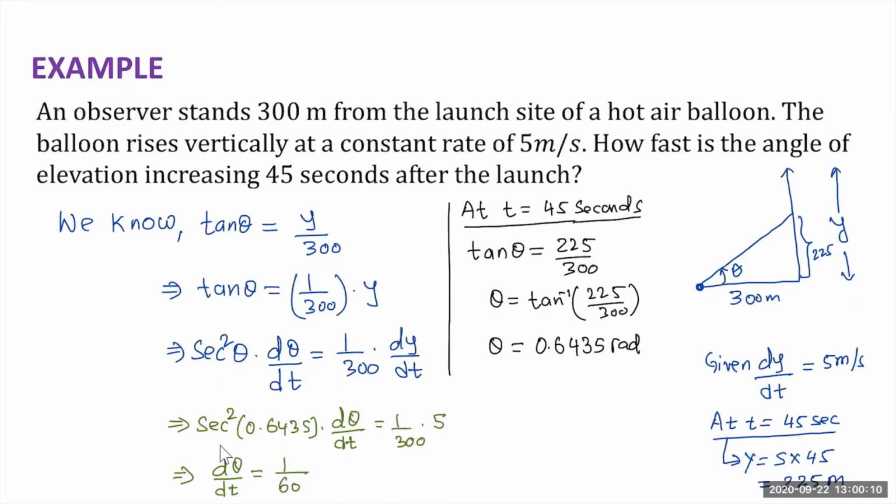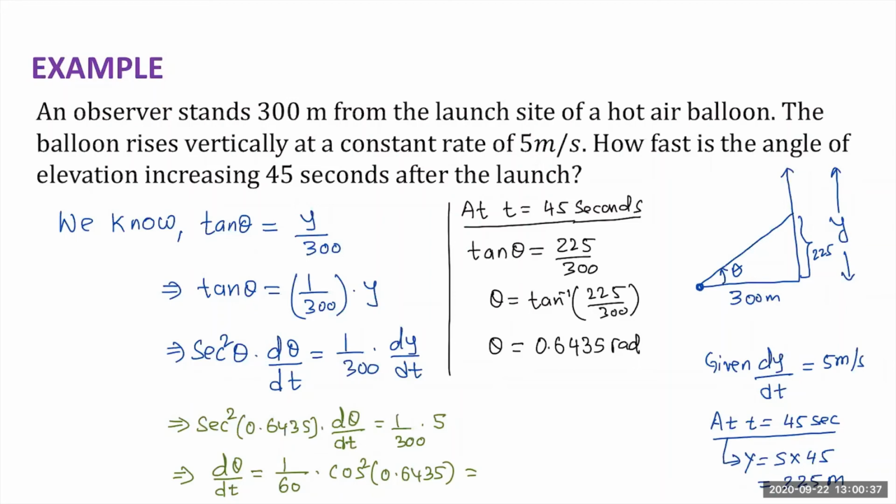Then, in order to get d theta over dt, you divide on both sides by secant squared. Dividing by secant squared on the right side is the same as multiplying by cosine squared of 0.6435, because 1 over secant is cosine, as secant and cosine are reciprocals of each other.